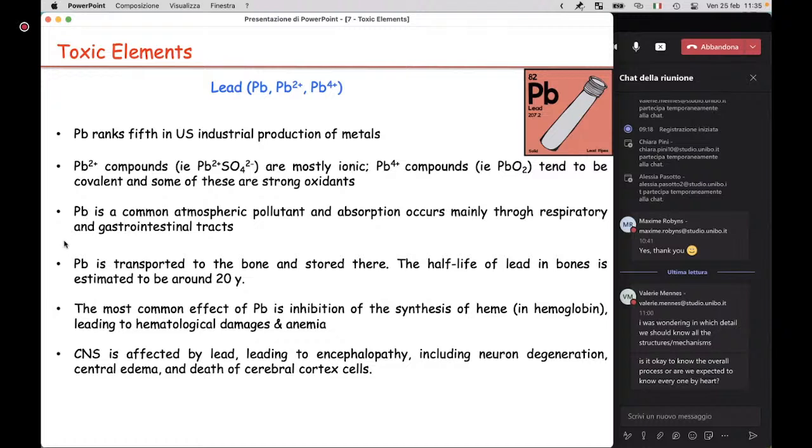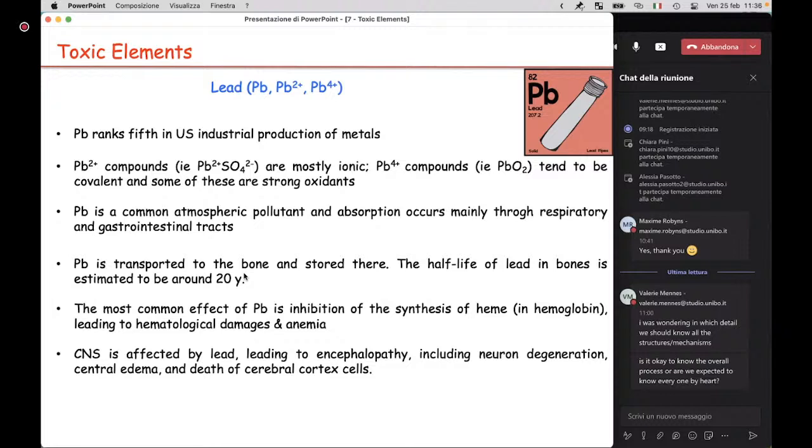Lead is quite similar to calcium, and we know that the most important use of calcium in our bodies is in the bone. So once absorbed, lead goes to the bone, since it is similar to calcium, so it is incorporated into the bone as if it was calcium, and it can stay there up to 20 years.